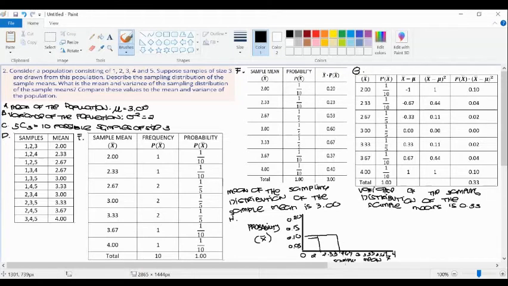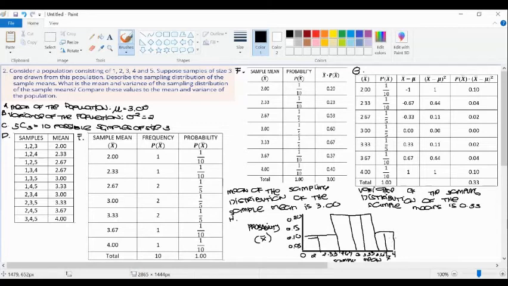And for 2.67 and 3.33, we have the probability of 0.20. And for 3.67 and 4, we have the probability of 0.10.